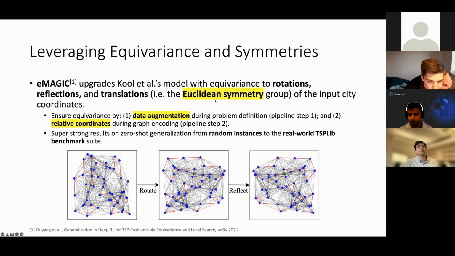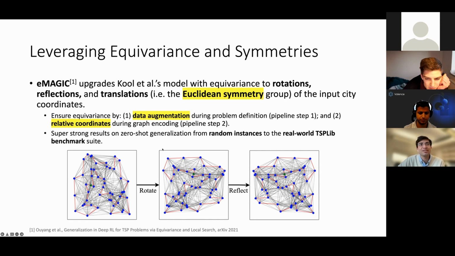And they also use relative coordinates or distances only during graph encoding. By my understanding of equivariance, the second part may have been enough, but it may have just given them an invariant model, but they call it an equivariant model. And they also have data augmentation where they are rotating, reflecting, and translating coordinates during training.